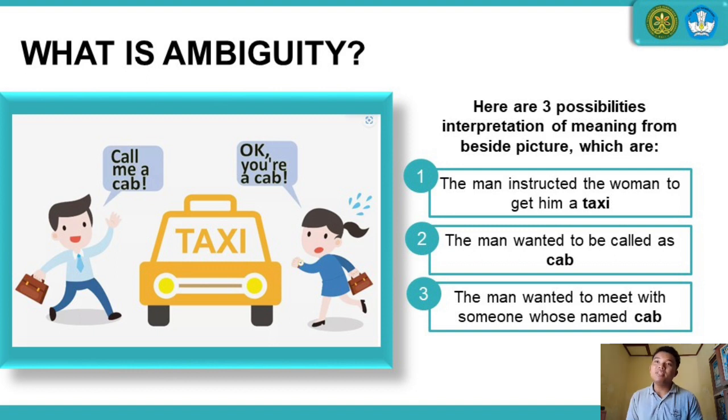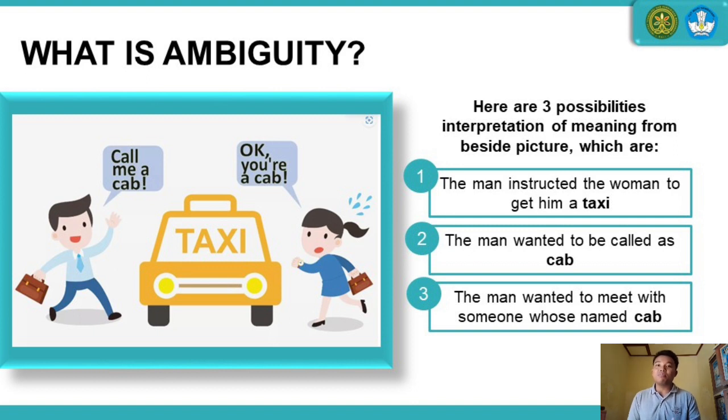The second one is that the man wanted to be called a cab, so the woman responded by calling him a cab. And the third one is that the man wanted to meet someone whose name is Cab, so he instructed the woman to call his friend named Cab. There are so many interpretations that arise from a single sentence in an utterance, just based on its content.